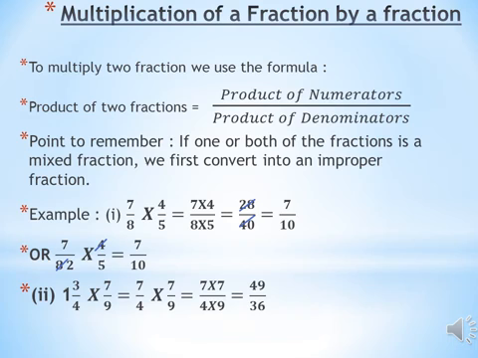So we will convert it into an improper fraction. 4 1s are 4 plus 3, that is equal to 7 by 4. So now the numerator of both the fractions is 7 into 7 and the denominator is 4 into 9. So we will get the final fraction 49 by 36.